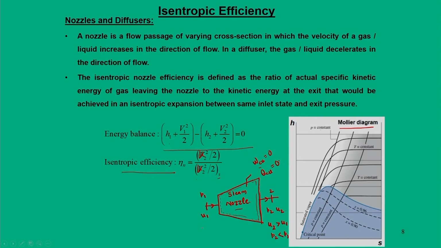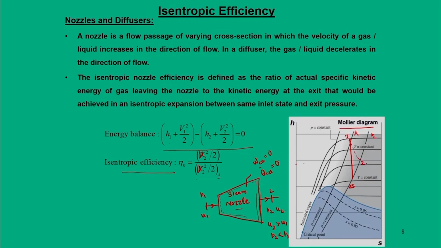So, how do you find this out? The initial state we can represent in the Mollier diagram. We can say the gas expands from pressure P1 to P2. From this initial state, if the process is isentropic, it will reach the point 2s. If it is non-isentropic, it will land up at point 2.